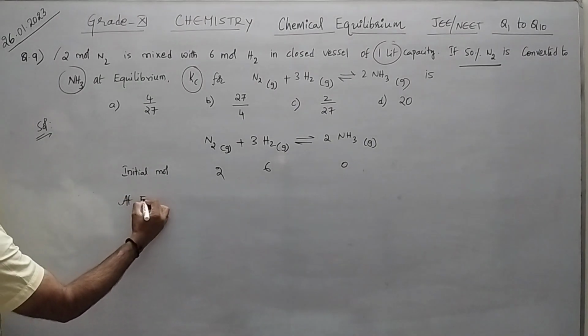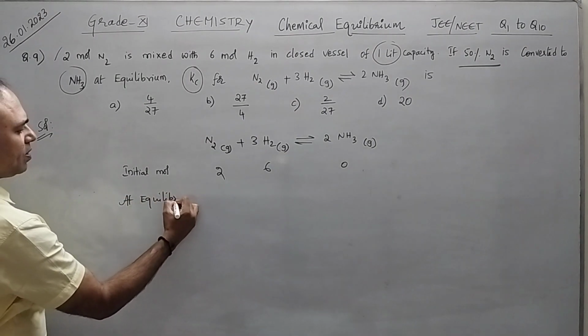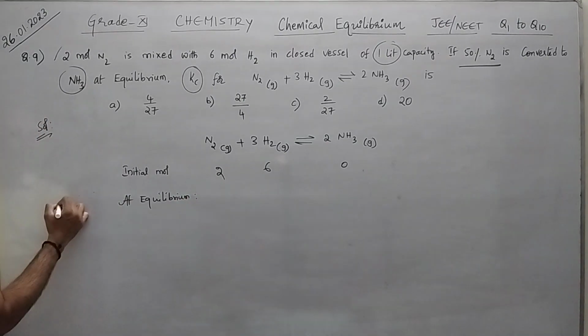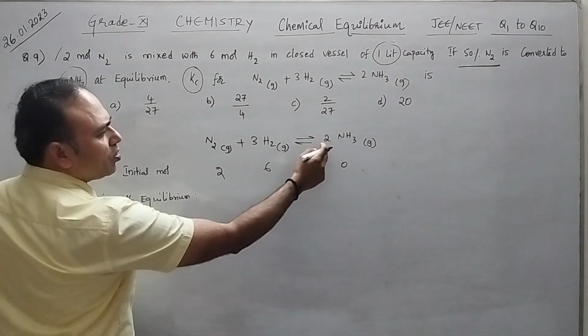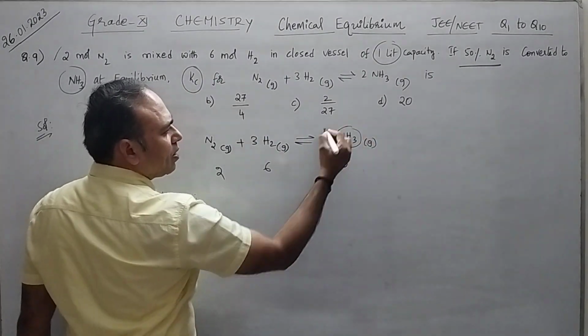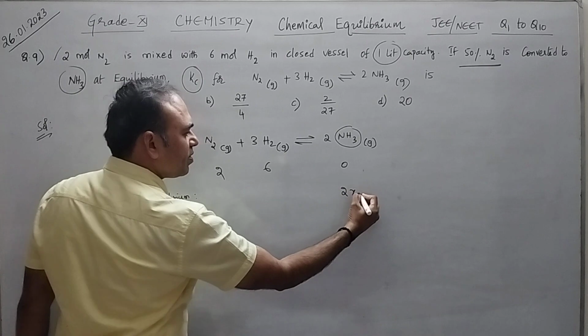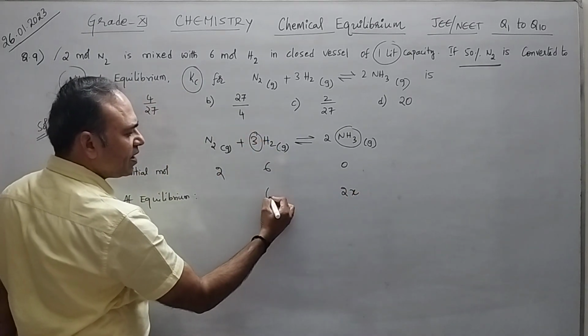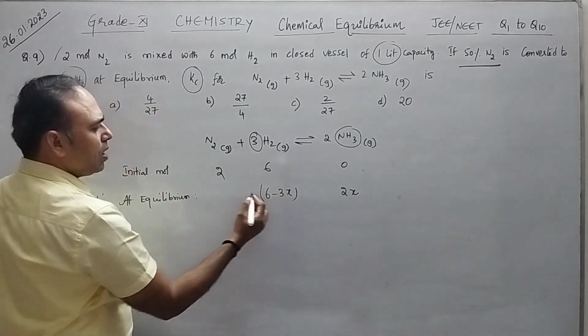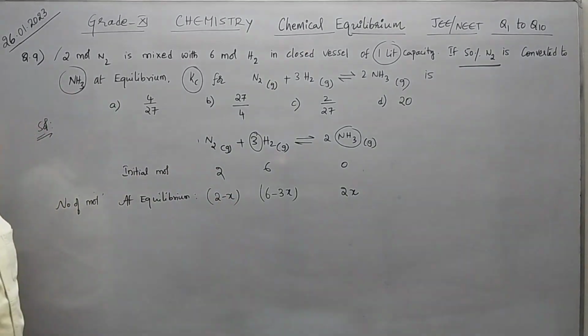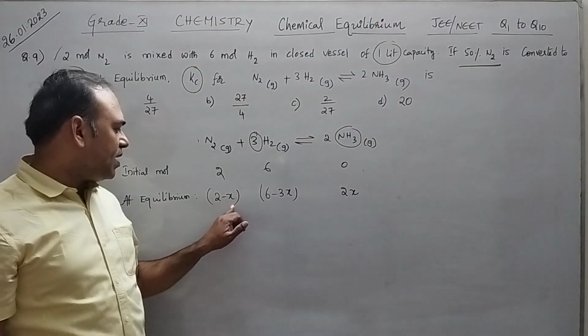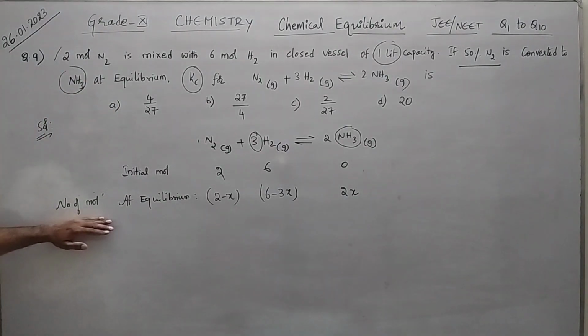Next, at equilibrium, we can write the number of moles at equilibrium. You know 2 times the coefficient, hence we write it as 2x. Here the coefficient is 3, hence we write it as 6 minus 3x. And here the coefficient is 1, hence we write it as 2 minus x. Hope you have understood this. We have discussed many examples, hence we will get the number of moles at equilibrium. Next, so what is given?